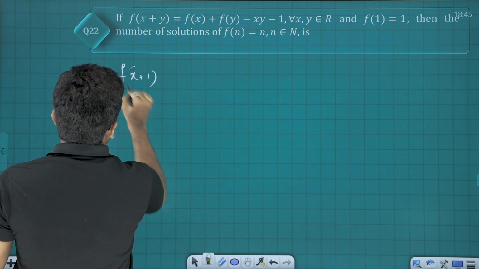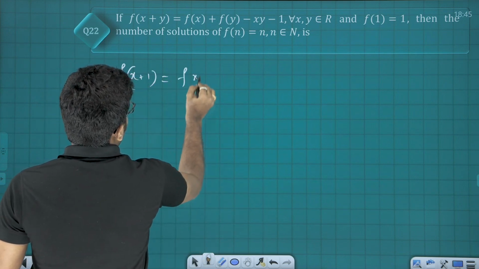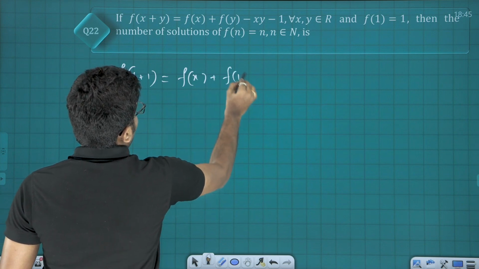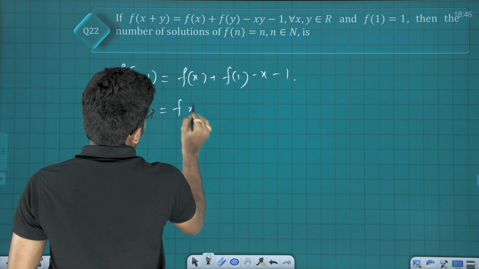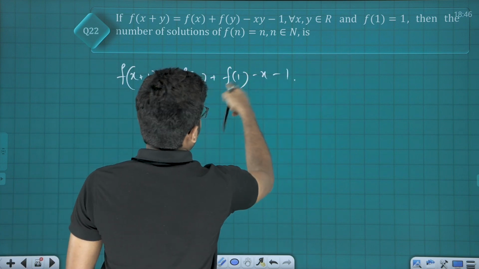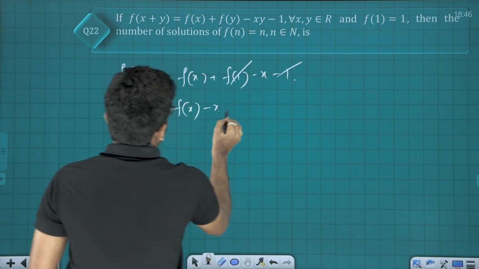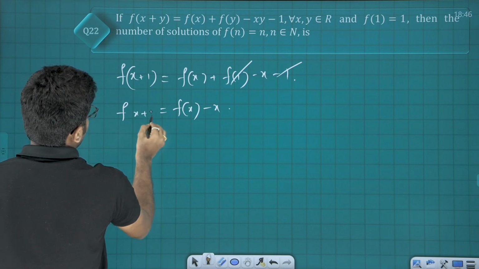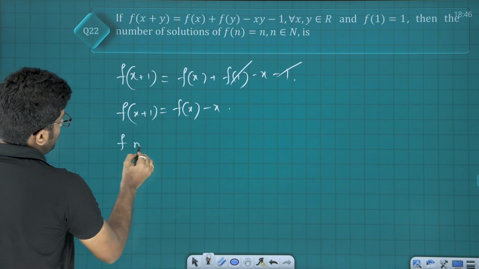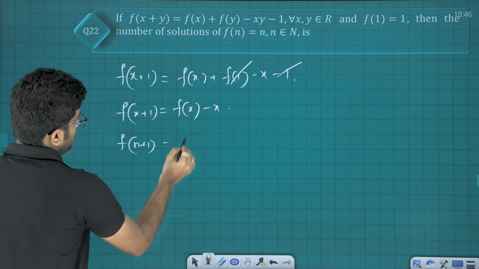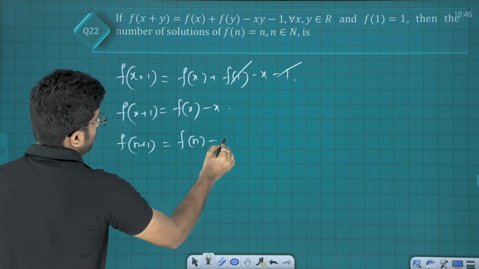So f of x plus 1 is equal to f of x plus f of 1 minus x minus 1. F of 1 is 1, so 1 minus 1 gets cancelled. So clearly f of x plus 1 is equal to f of x minus x. So that means f of n plus 1 is equal to f of n minus n.